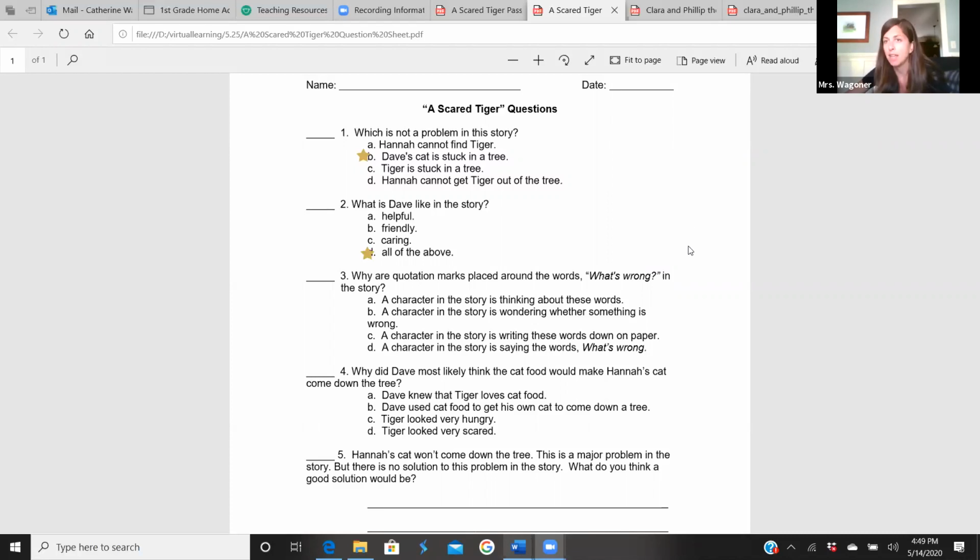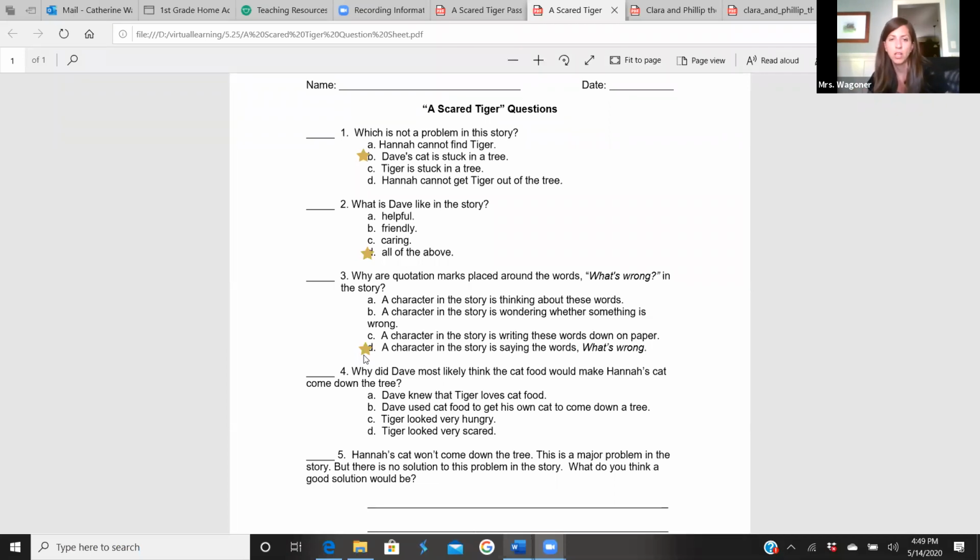So in text, when you see those quotation marks, the two little tails floating in the sky side by side at the beginning and the end of some words, what's on the inside is what a character is actually saying. So when they said, "what's wrong," that's a question. So we're going to go with D. A character in the story is saying the words, "what's wrong?"